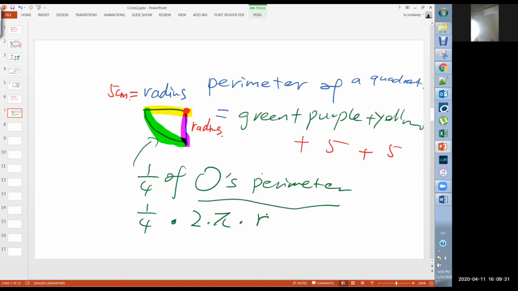So in this case, copy down. What's your pi? The question says pi equals 22/7. Then what is r? Times 5. Why 5? Because it means radius.